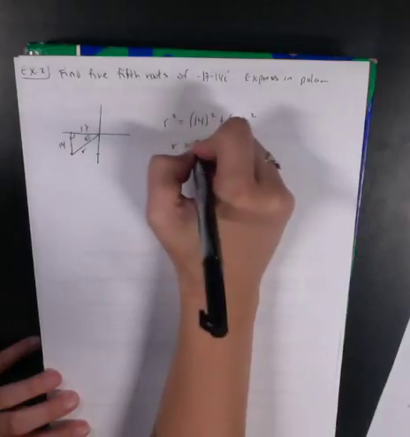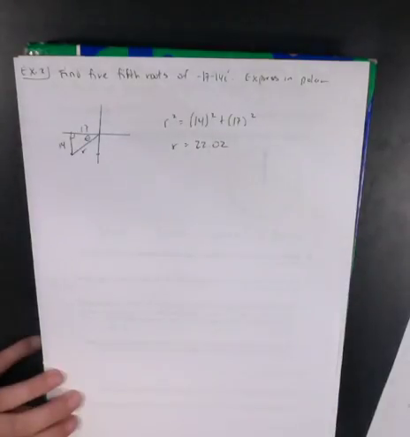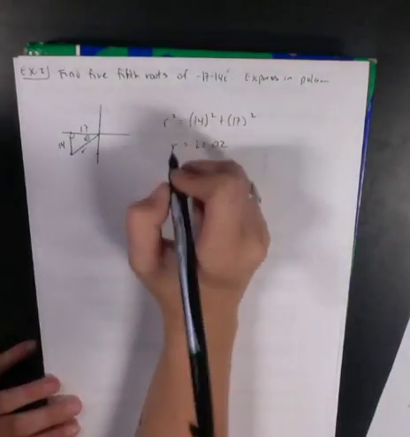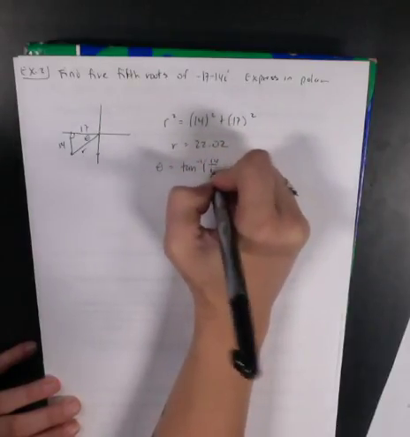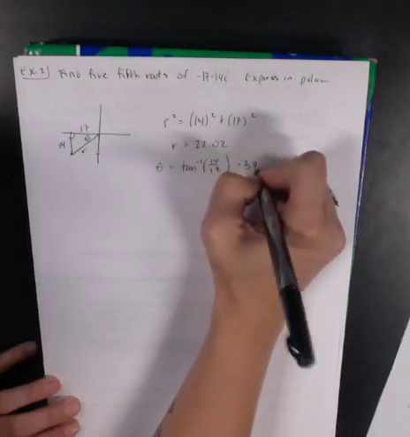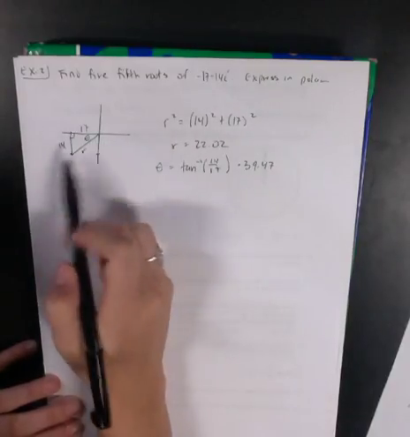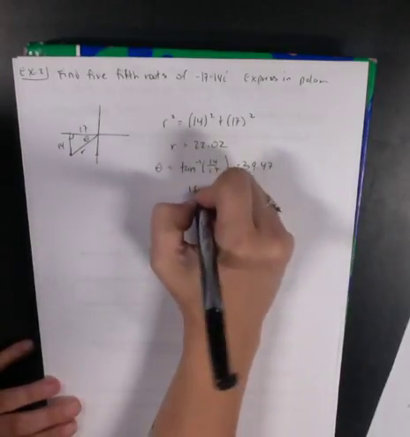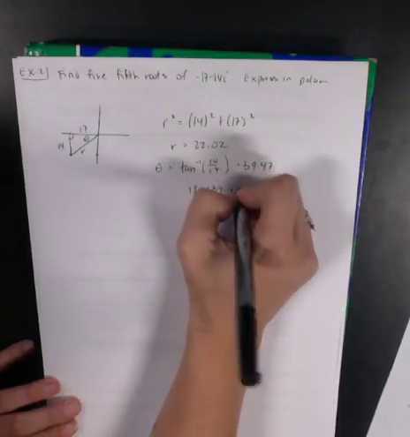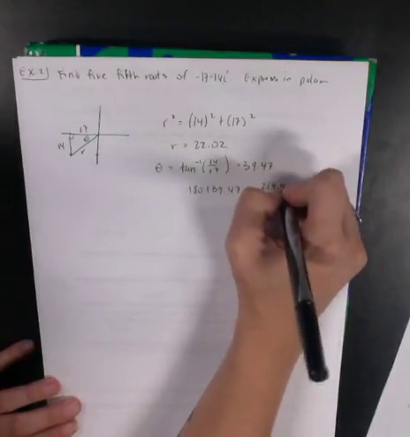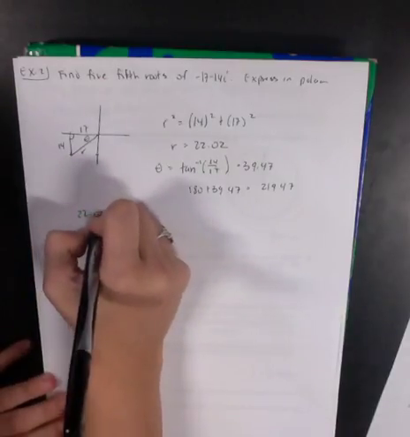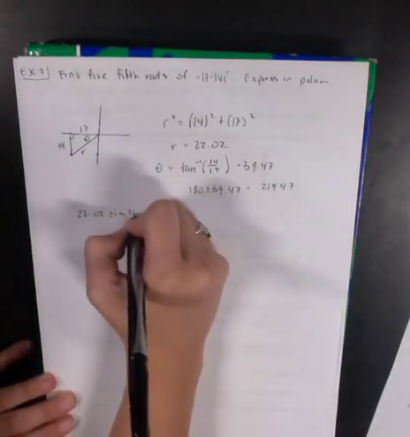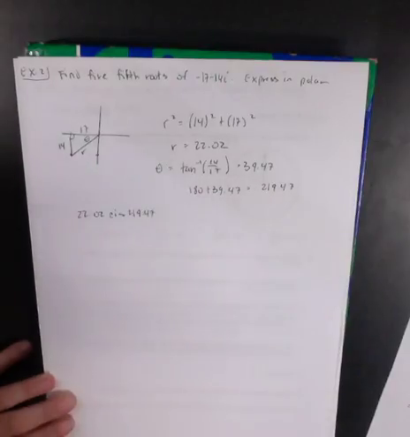So r is going to be 22.02. And I know that theta is the inverse tangent of opposite over adjacent, which gives me 39.47. But I have to add 180 to that because I'm in the third quadrant. So I get 219.47. So in polar form, I have 22.02 cis 219.47.